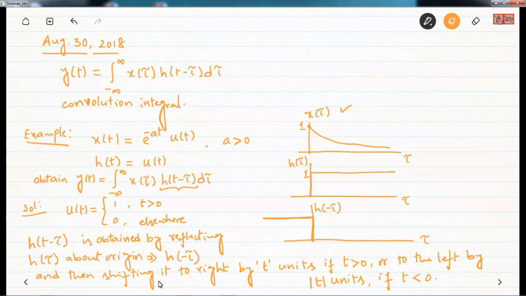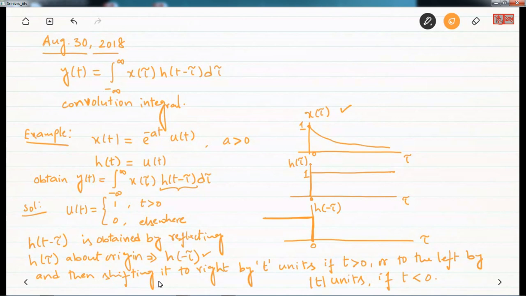This signal is going to the right from the origin, and when I reflect it, it's like a mirror reflection. It becomes a left-sided signal. It is a right-sided signal here; when I reflect it, it becomes a left-sided signal. So now I got h of minus tau.